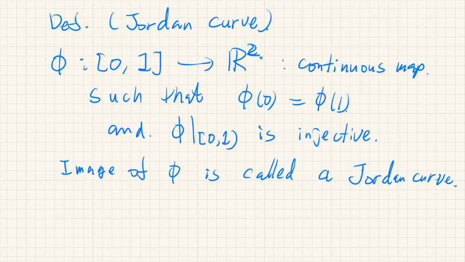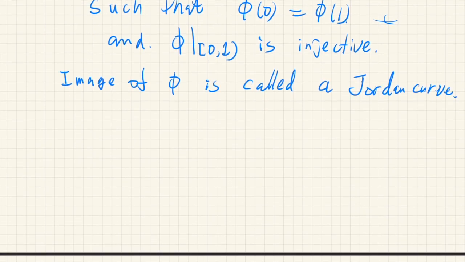Okay, so what this means is the following. For example, this can be a Jordan curve.